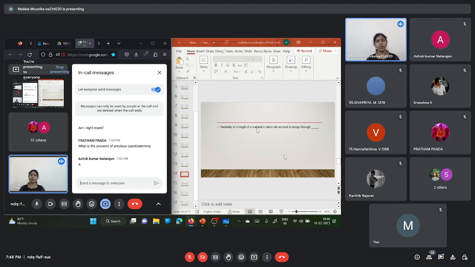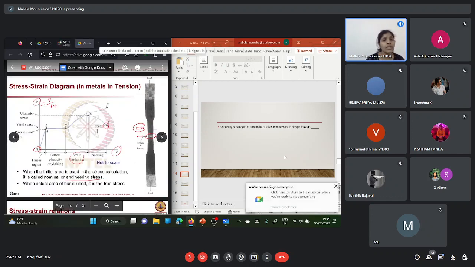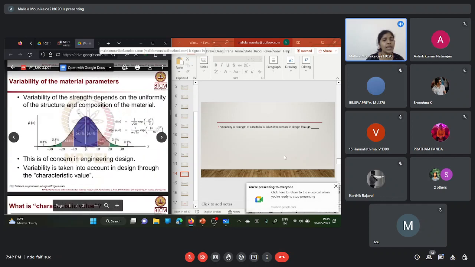So if we test n number of samples and the strength results differ, and we draw all the strength results, you will get a curve like this.